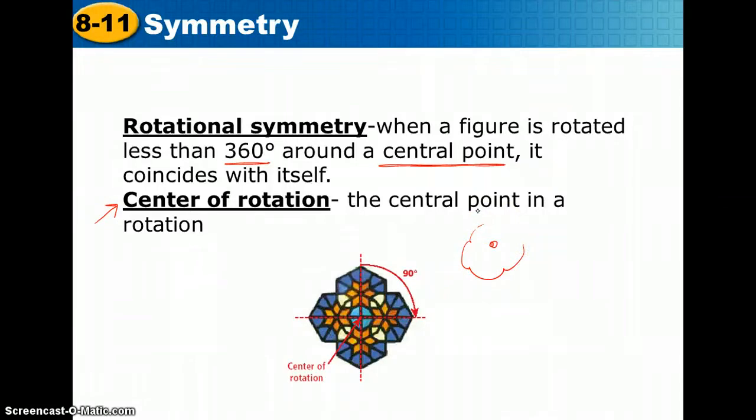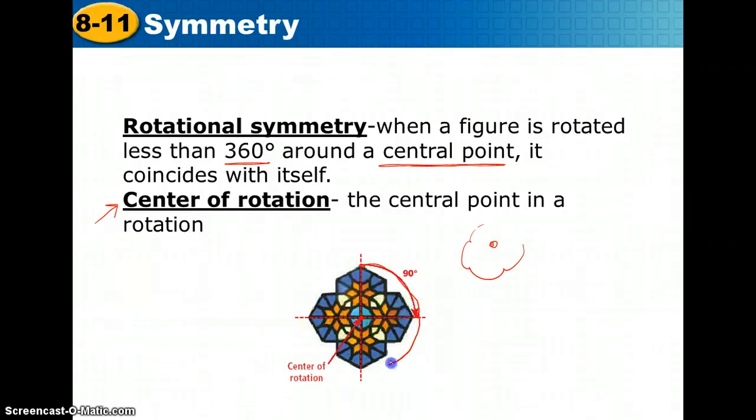So here's our figure. Looks like some stained glass here. Our center of rotation, of course, is in the center. And we find a line of symmetry. And then we see if we can rotate the figure and if it will look exactly the same as we rotate it. So if I take this point and rotate it 90 degrees, the figure will still look the same.